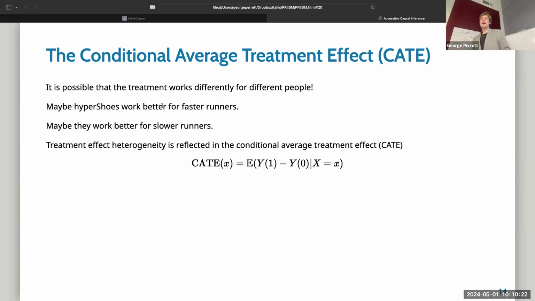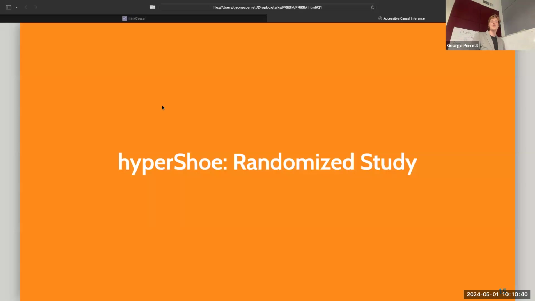Or maybe it's the opposite. Maybe they only work for people who are slower and have a lot of room for improvement, but the fastest runners have kind of maxed out all of their capabilities. And so the CATE is a different type of average causal effect, and it's going to allow us to reflect treatment effect heterogeneity. And we'll revisit SATE and CATE later on.